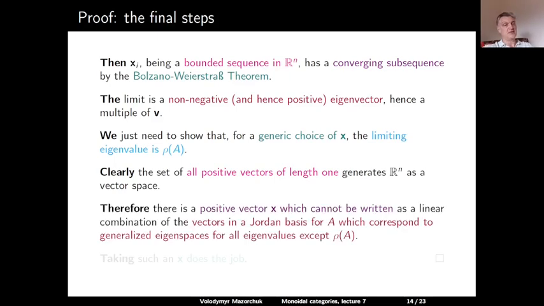In particular, generic positive vectors cannot be written as a linear combination of the vectors if we take a Jordan basis for our linear operator A and pick up in this basis all those vectors which correspond to generalized eigenspaces for all other eigenvalues except for the eigenvalue rho of A. If we take such a generic vector x, then of course the eigenvalue for the limiting eigenvector in our sequencing procedure must come from the maximal eigenvalue in the matrix A. And this eigenvalue is of course rho of A. So this completes the proof of the Perron-Frobenius theorem.